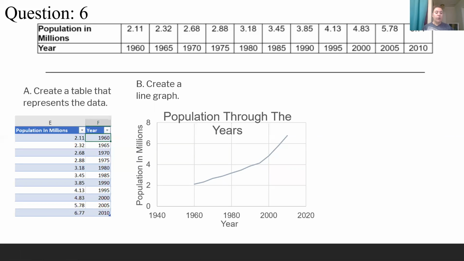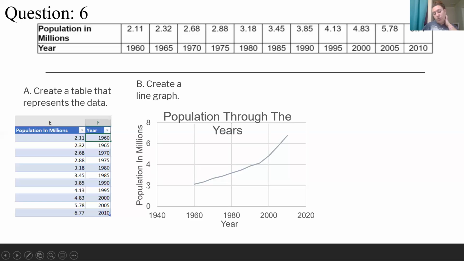A line graph is going to show us pretty much throughout the years the fluctuation of our population in millions. So here we have population through the years. That is what I decided to name the line graph. Here on our axis, population in millions, which is 0 to 2 to 4, 6 to 8, but that's in millions.